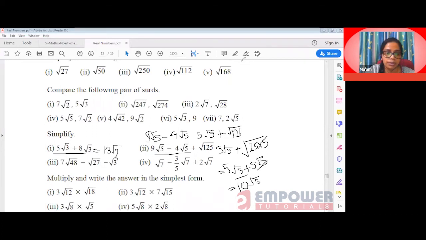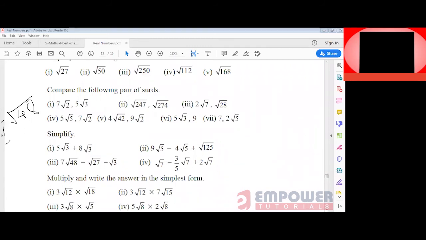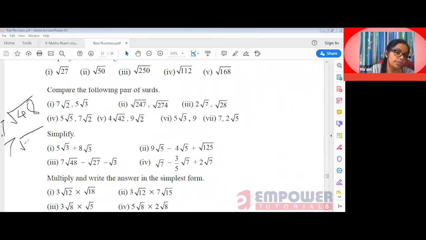Now solve the next one. Again you have to simplify this and try to convert it into root 3 form, which is the simplest form. So what will be the factors of 48? Yes, very good. So this will be 16 and 3. 16 is a perfect square, so it will come outside.